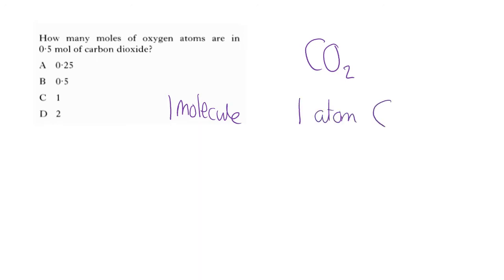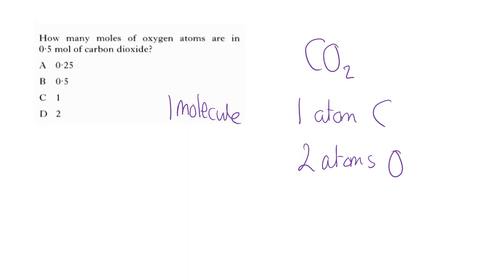This is a problem-solving question, and this is a relatively common question that can be thrown in multiple choice. And all this has to do is learning about formula. So carbon dioxide is CO2. For every one molecule, we have one atom of carbon and we have two atoms of oxygen.